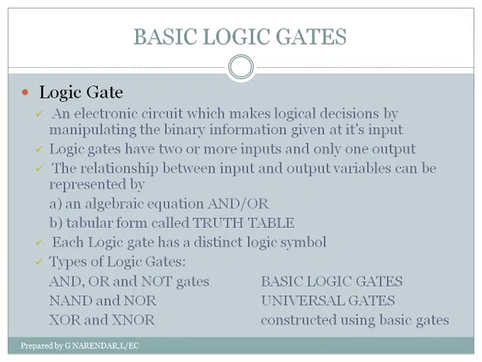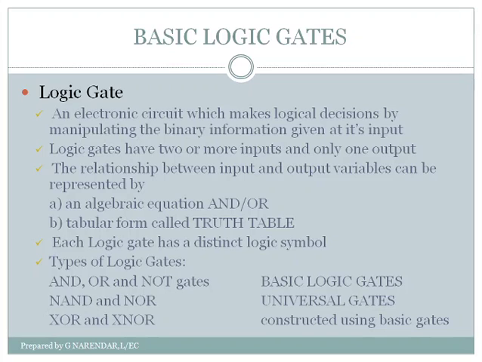That means the output is either 1 or 0. So the circuit makes a logical decision based on the binary information given to it. It processes the binary information and gives output as either a yes or no decision.